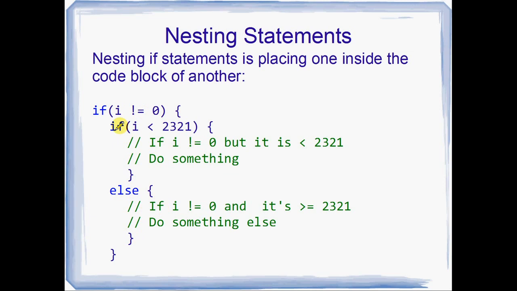Also, since only one if and else executes at a time, we know that I must be greater than or equal to 2321 by the time we get to here. Is that fair enough?